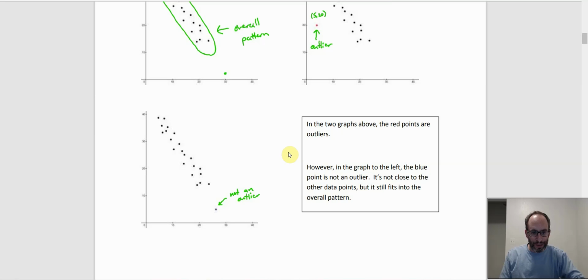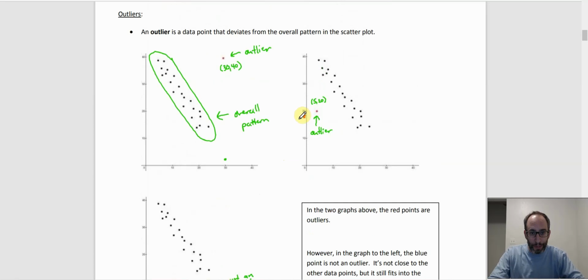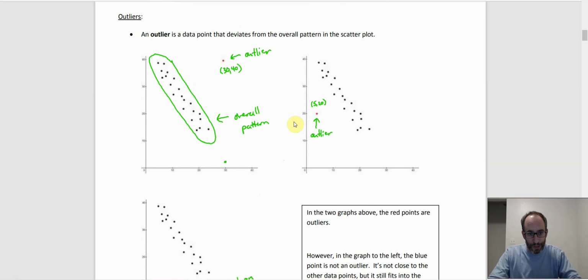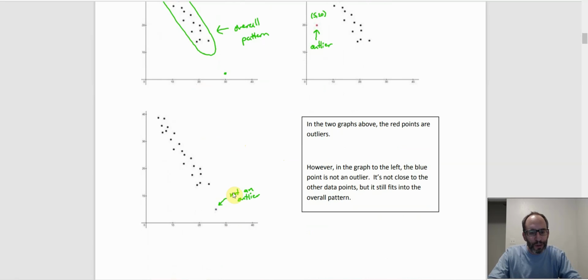If you drew a best fit line through all the black points, it would be pretty close to that blue one. But the two up top, those red ones are nowhere near that best fit line. Down here, that blue one still fits in.